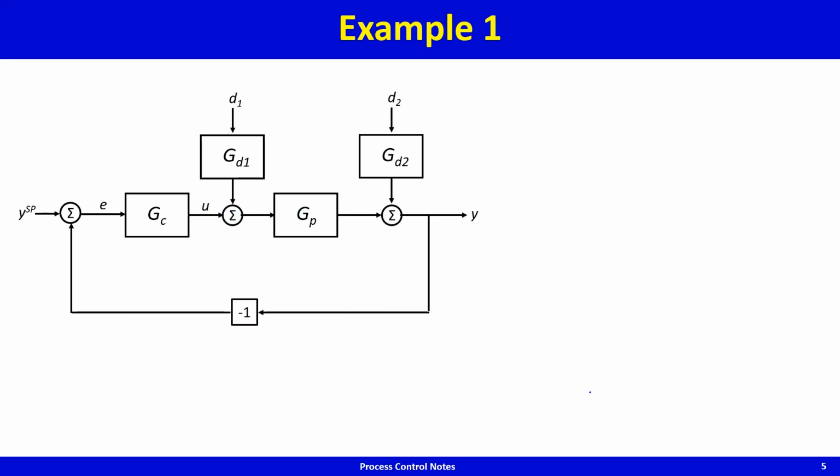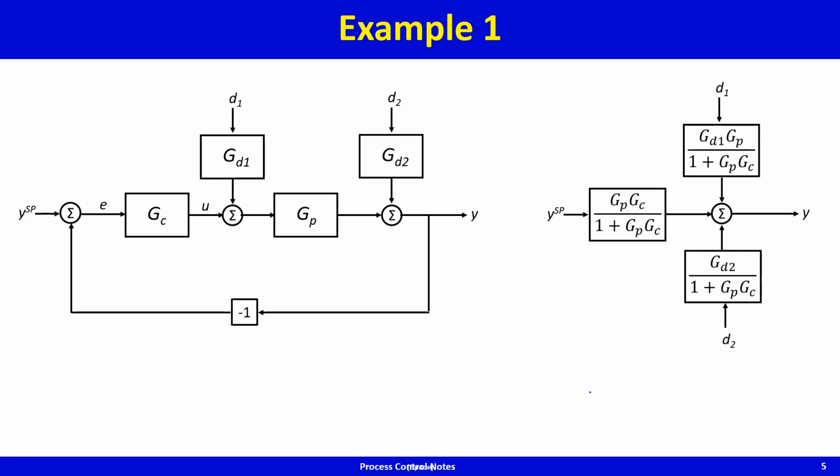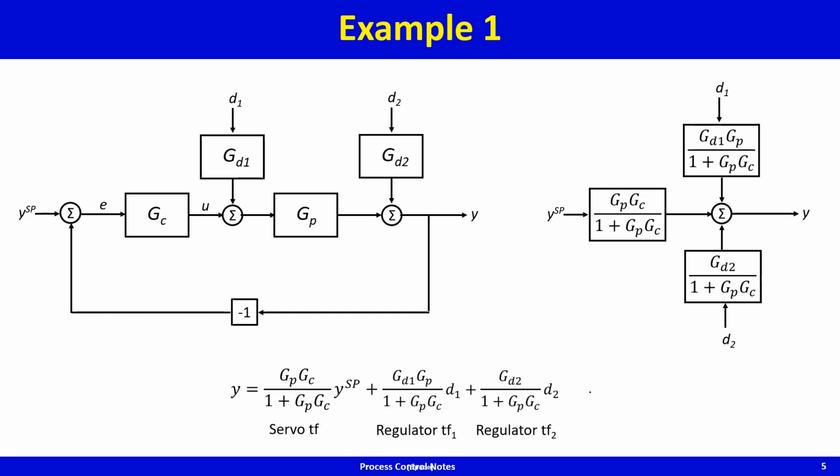So for this particular example, this is what we get. There's servo transfer function, there's the regulator transfer function with respect to D1, the regulator transfer function with respect to D2, and that's that.